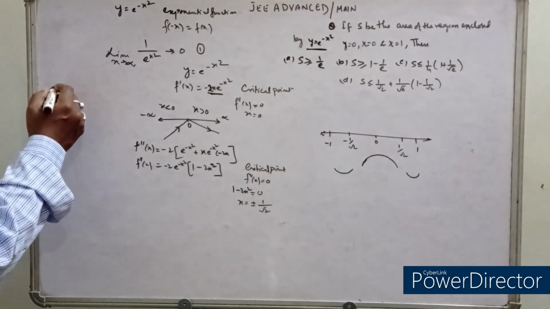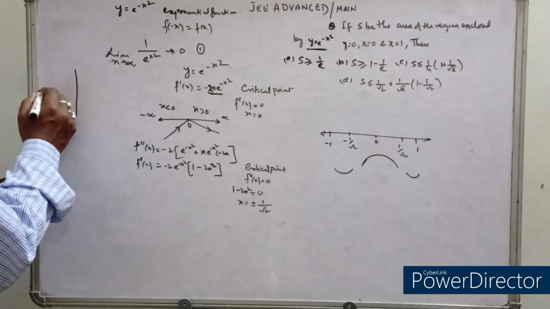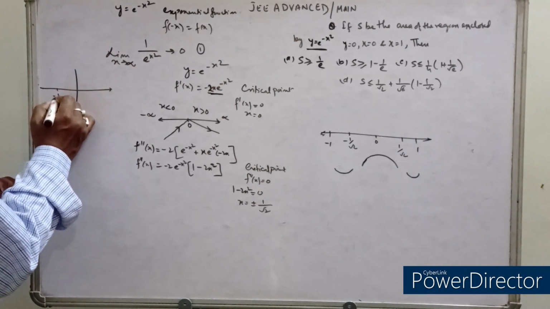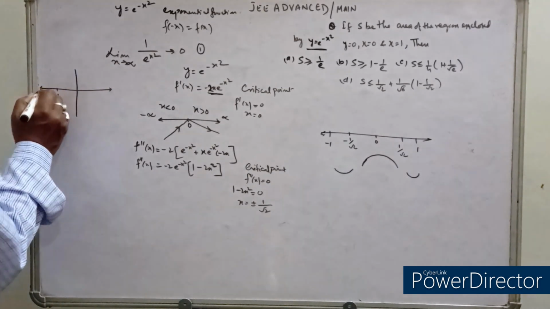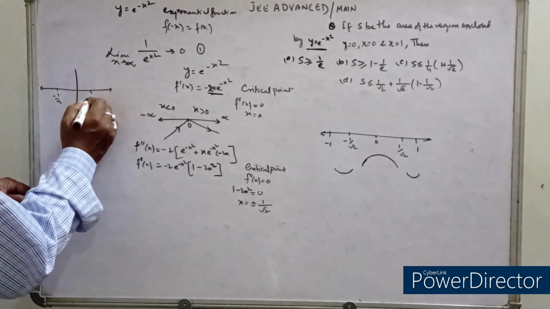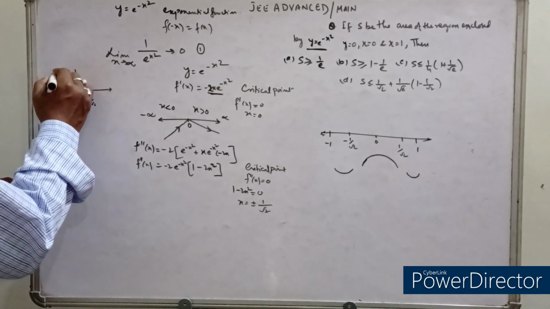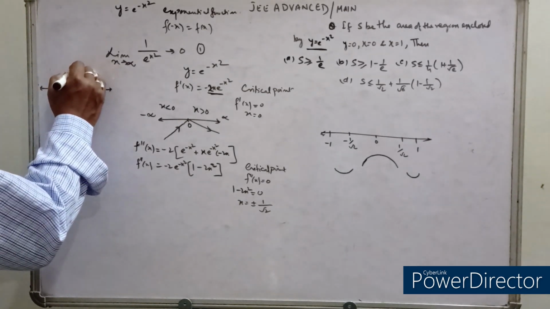So with the graph, what we are going to get, this is the graph. That is minus 1 by root 2, and here that is 1 by root 2, and this is 0. So we find that your graph is like this.